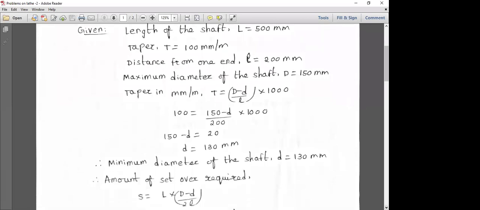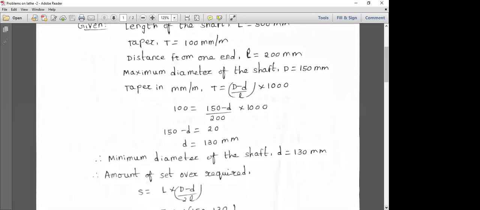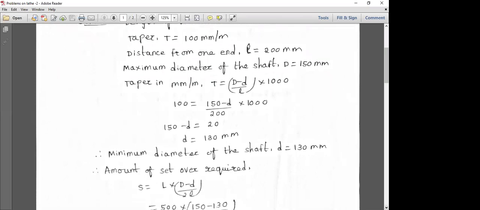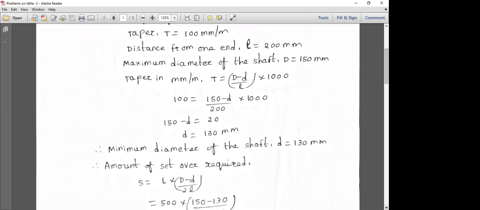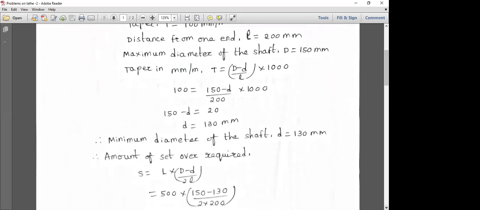What is S? S is equal to capital L into D minus d by 2L. Capital L is the overall length of the shaft, and the distance from one end is small l. So you have to be familiar with the terms.